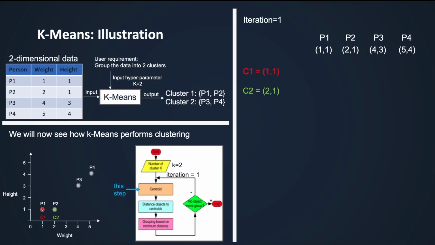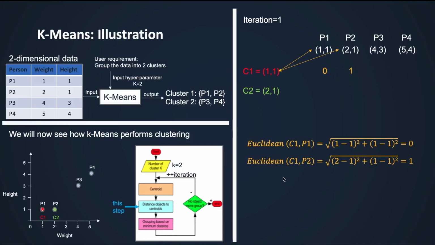Once we finish this step, next we calculate the distances between the centroids and the points. For calculating the distance, we use the Euclidean measure.